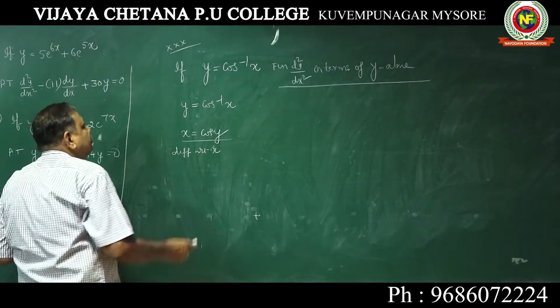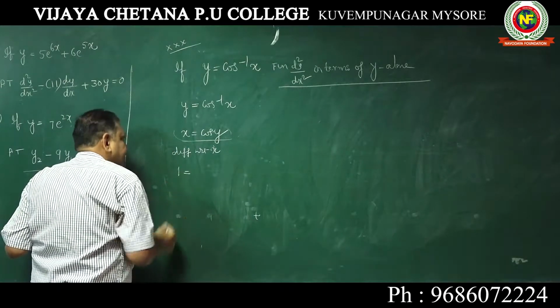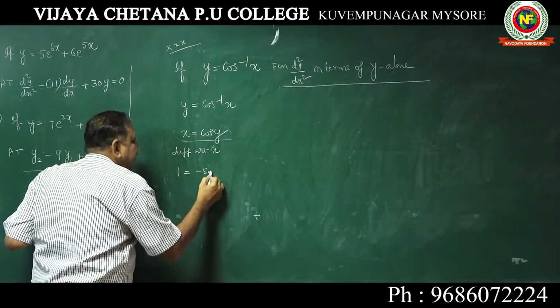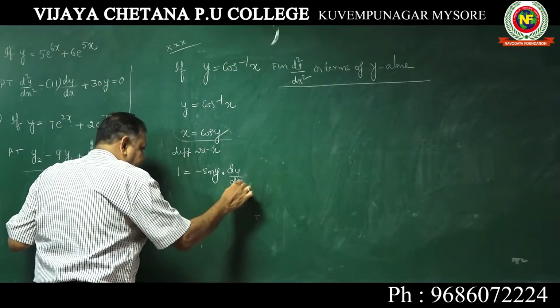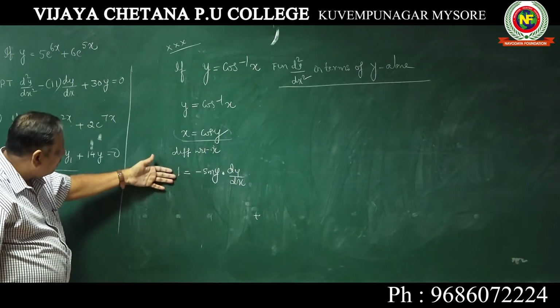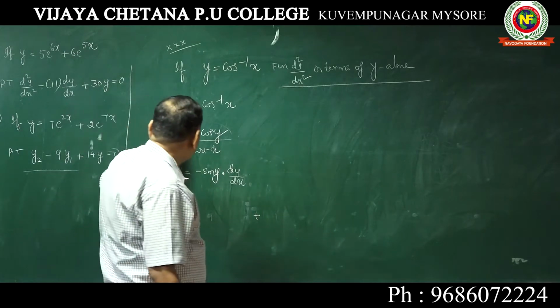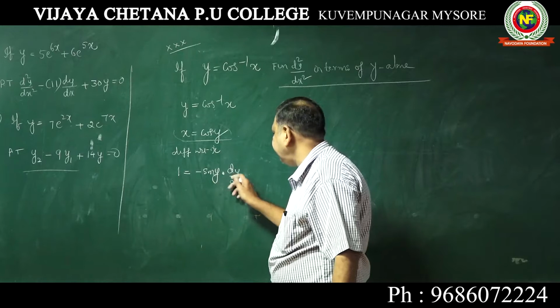When you differentiate this, left side is 1. Right side is minus sin y into dy by dx, because it's an implicit function and we are differentiating with respect to x. The differential coefficient of x is 1, and of cos y is minus sin y dy by dx.